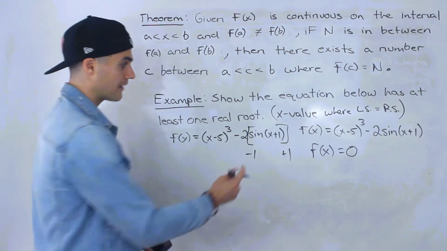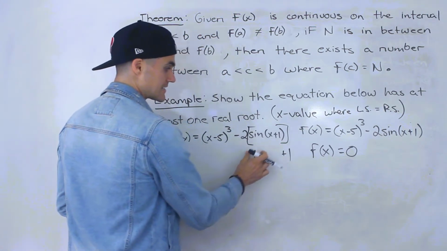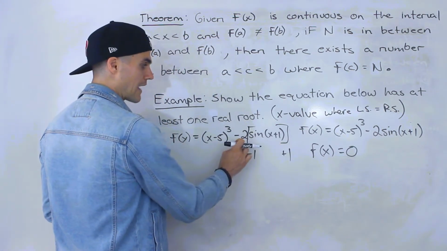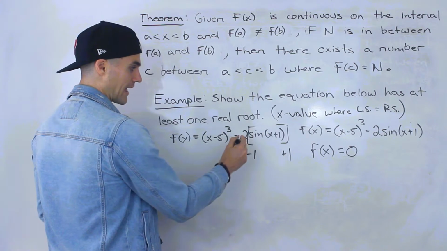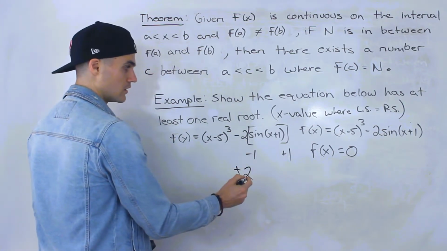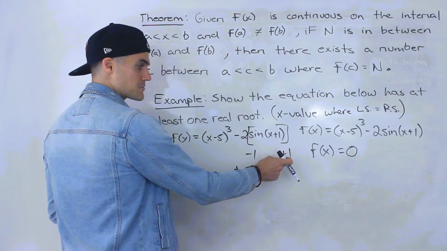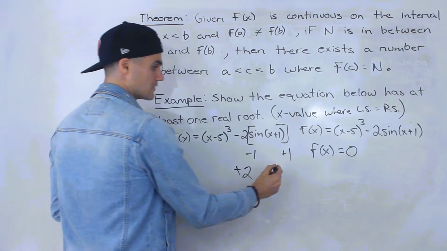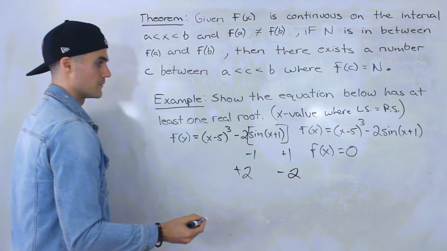So the minimum value that this bracket can take is -1, and if it takes that minimum value, you're going to end up with -1 times -2, which would give you a +2. And if it takes the maximum value of +1, +1 times -2 is going to be -2.